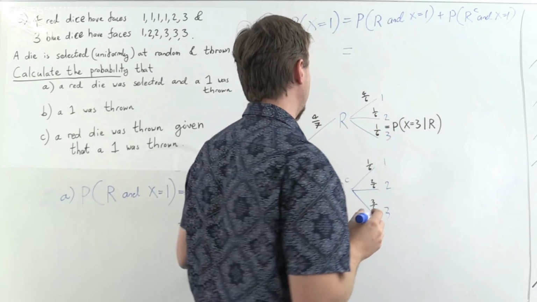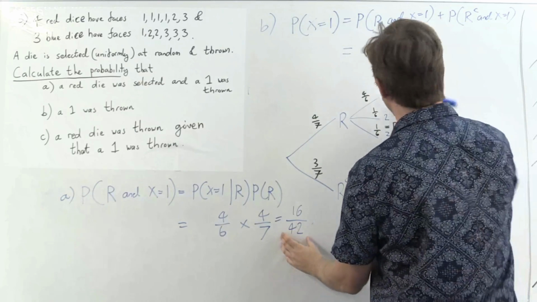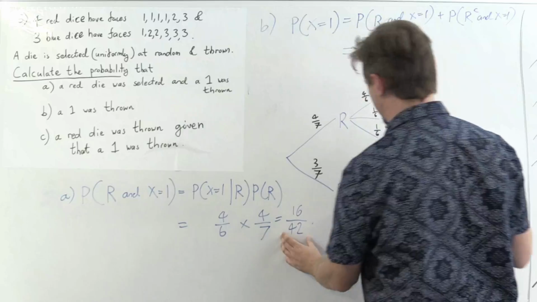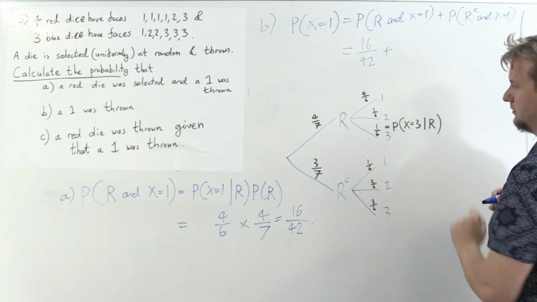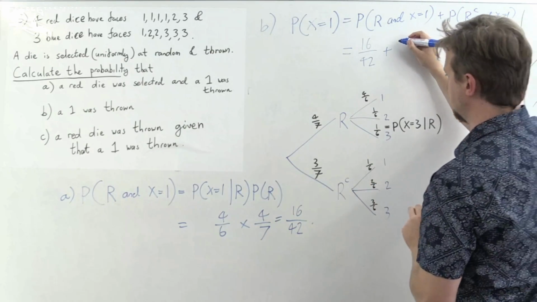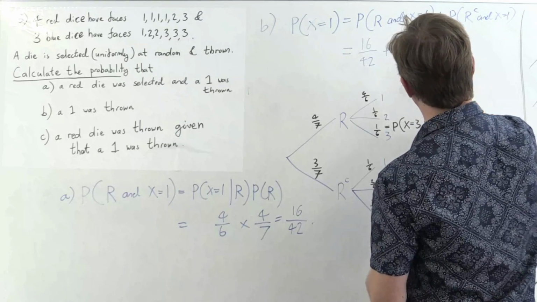Well, we already know the answer to the first part. The probability that you select a red and throw a 1 was 16 out of 42. Now to work out the second number, I want to know the chance I select a blue and throw a 1. That's going to be this times the conditional probability, so 3/7 times 1/6.